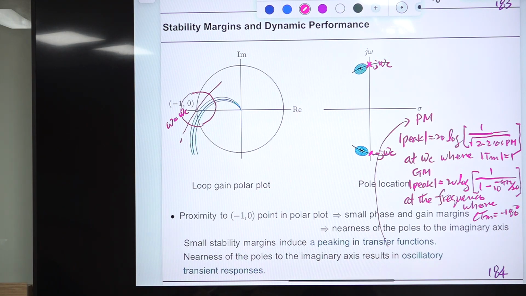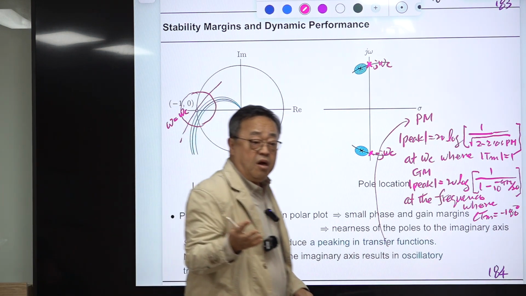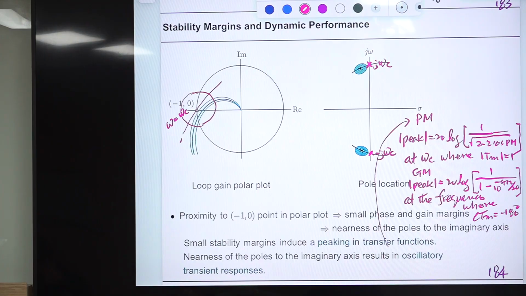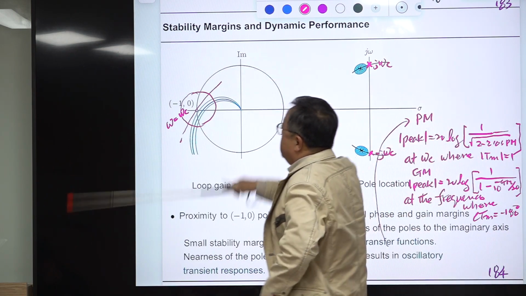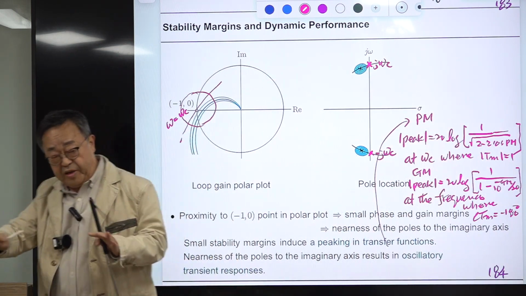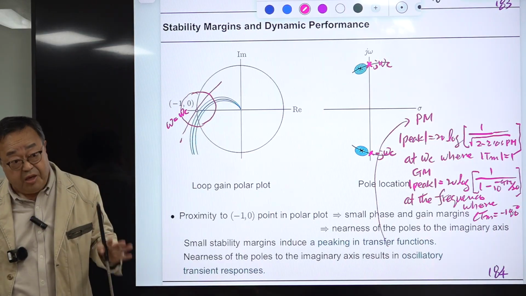And the stability margins are determined as a measure of margin. So how much margin do I have? I'm stable, I have a stable system. Then how easily does the stable system become unstable? That is the concept of the margin. Originally it is defined to specify the degree of being stable.